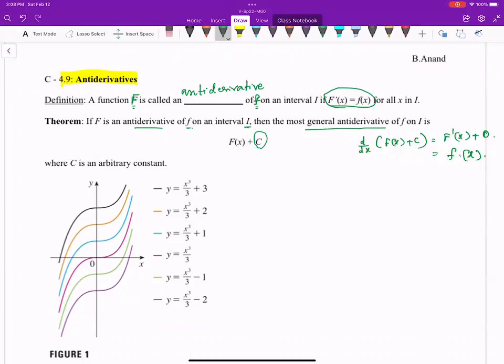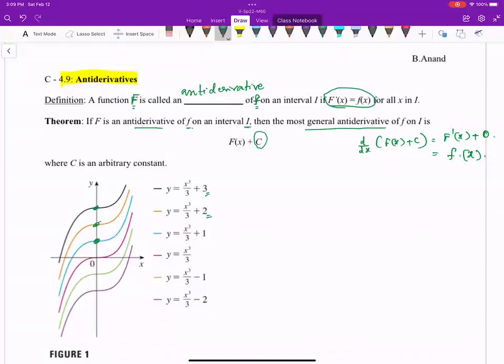Suppose you take y equal to x cube over 3 plus 3. The function x cube over 3 passes through the origin, and plus 3 means it is shifted up 3 units, then plus 2 shifts up 2 units, then plus 1 shifts up 1 unit.